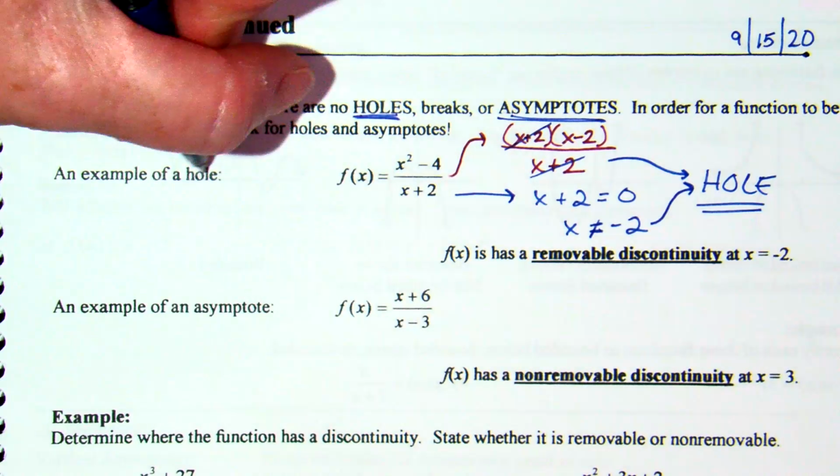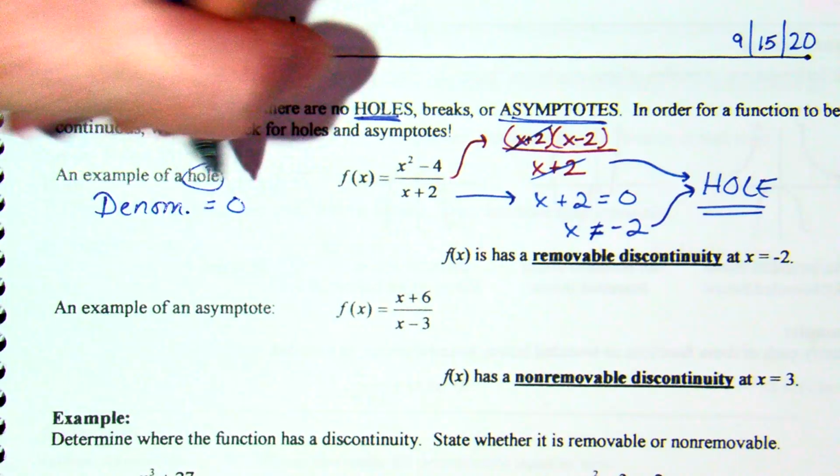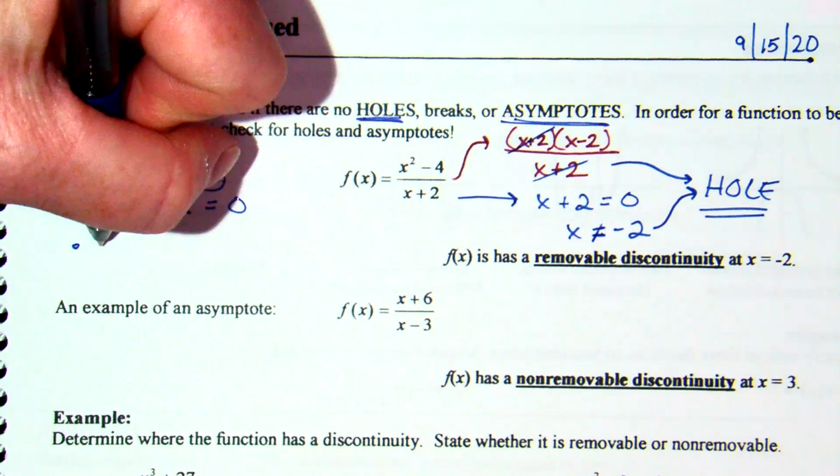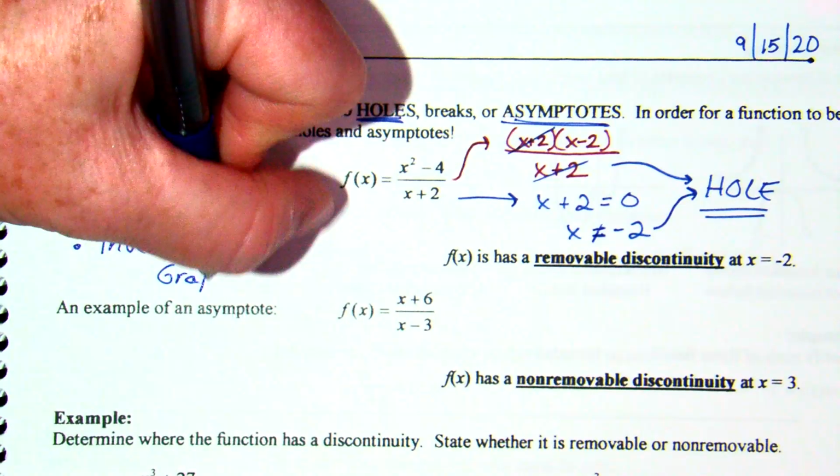I know it's a hole because we were able to cancel the x plus 2. Denominator equal to 0 is going to be a key thing to always remember to do. And then, besides doing what we did here, we can also investigate graphically. And we're going to practice that a little bit too.